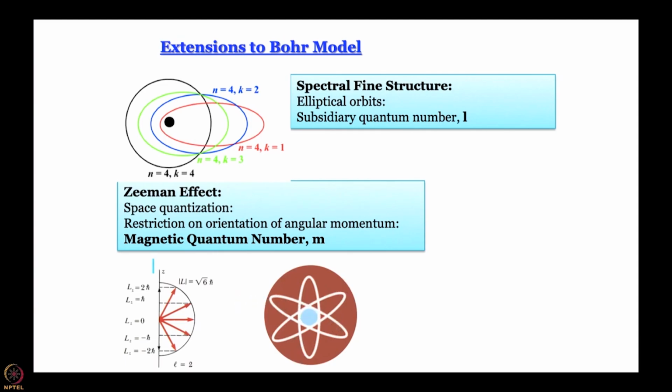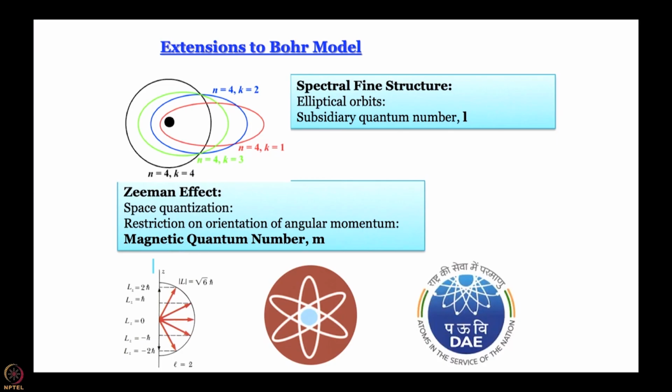Even now in many places this is used as a cartoon for the atom, even though this model is discarded. In fact, you can see this motif in the logo of our Department of Atomic Energy of India, DAE. This is what the present logo of DAE looks like. Here also you can see the nucleus and many different orbits. So, this L value is rather high, that is why we have many M values, and that is what is shown as a motif in the logo.